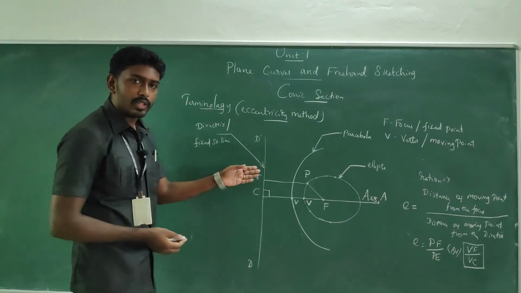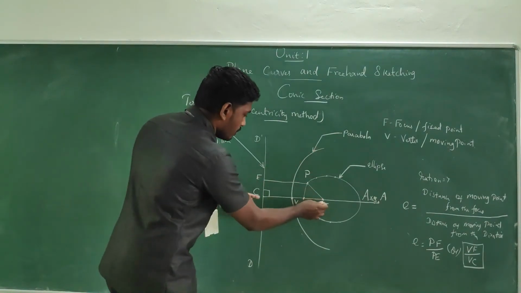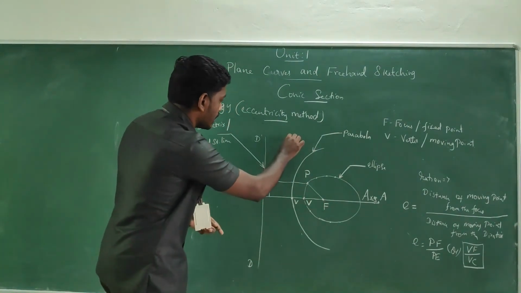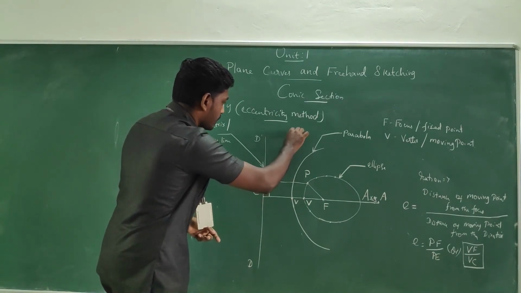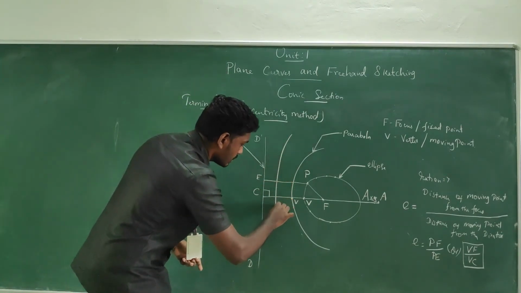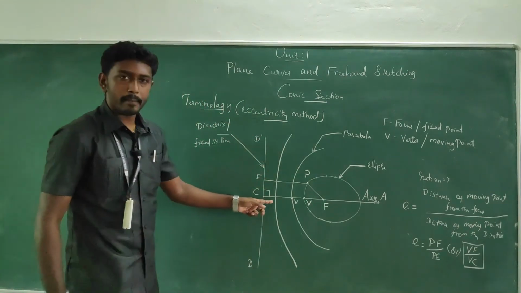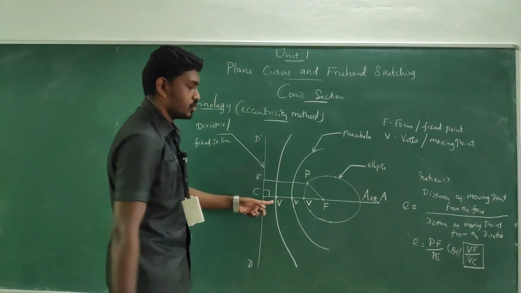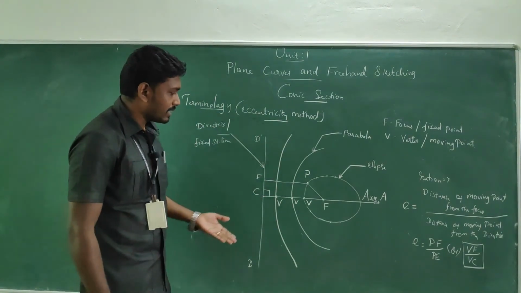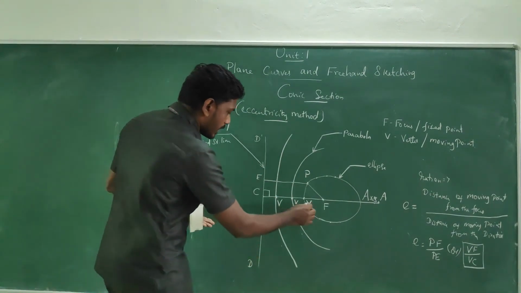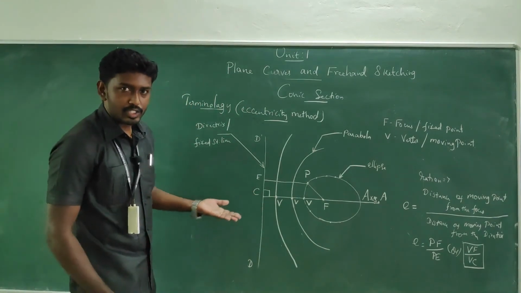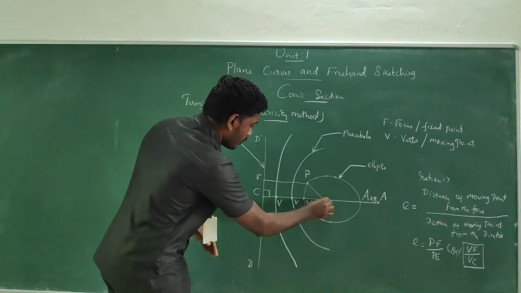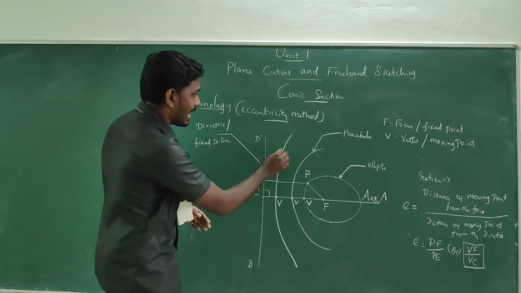If I show the hyperbola for the same focus which I have taken initially, the curve goes in this manner, and the vertex is here. Like the ellipse, we can also take the ratios. There won't be any change. The same thing will happen for the parabola as well as the hyperbola.